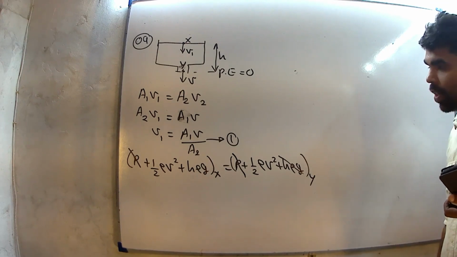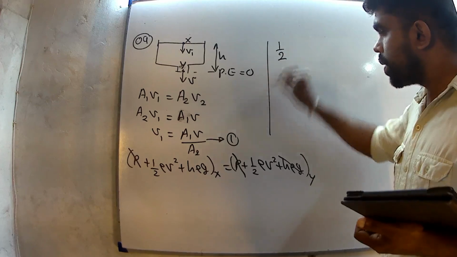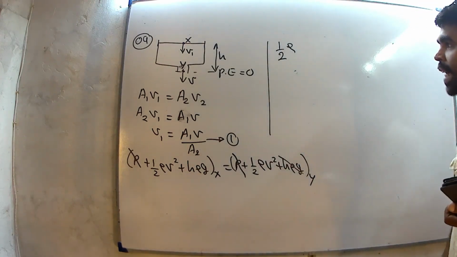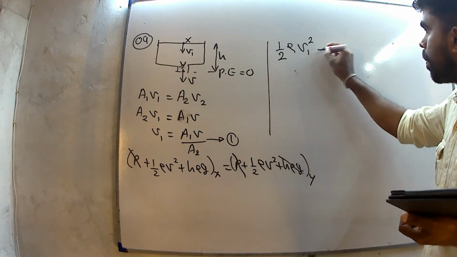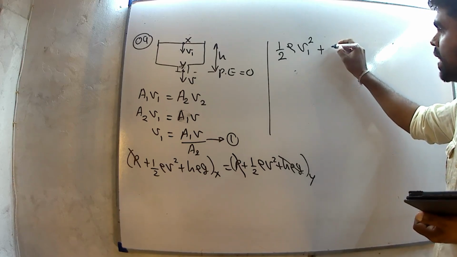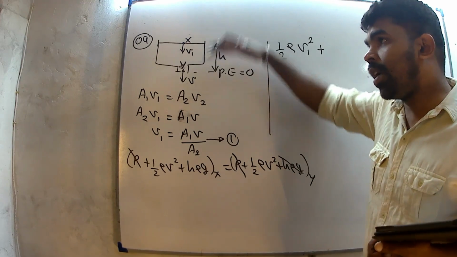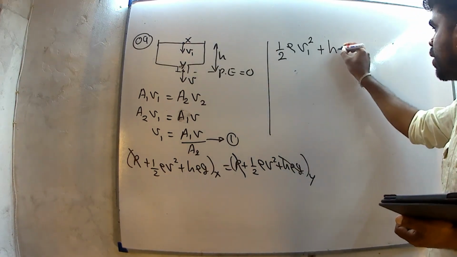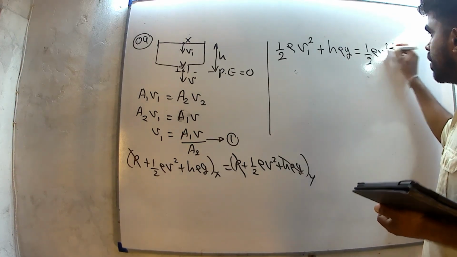Now, half density rho, velocity at x V1 squared, plus height relative to the potential energy zero level, which is h for point x, h rho G, equals half rho V squared.